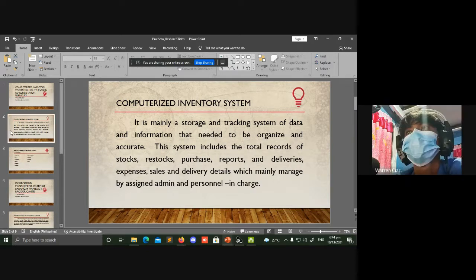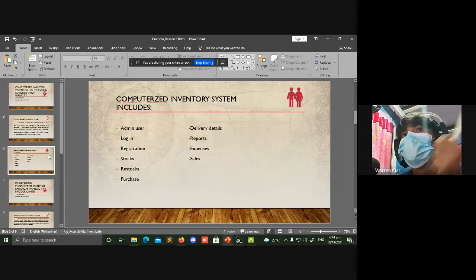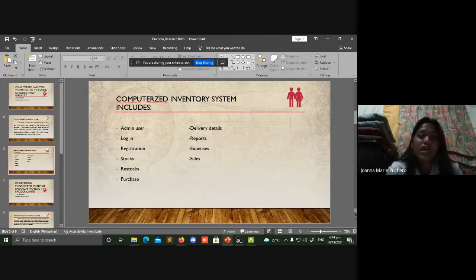So sometimes we have overstocks and some of the products are low in stock. The main solution that I want to implement is a computerized inventory system wherein all the branches of my filling station can have access to it. The computerized inventory system includes admin user, login, registration, stocks, purchase, delivery details, reports, expenses, and sales, as I mentioned earlier.